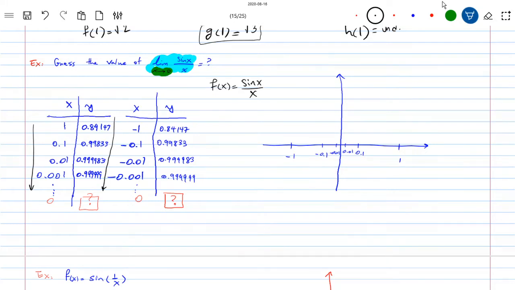If I put the 1 in there, sine of 1 divided by 1 would be 0.84147 and so on. You can use a calculator. If you replace 0.1 for x, you get 0.99. If you replace 0.01, you will get 0.999 and so on. What you see is at the end, you're approaching a specific y value. What is that y value? You can guess it is 1, 0.9999 and so on, so it would be 1.